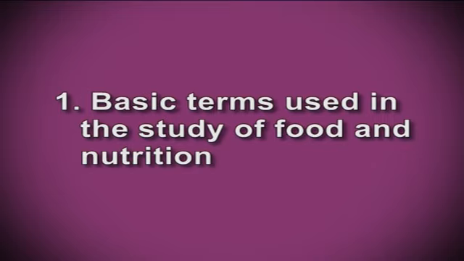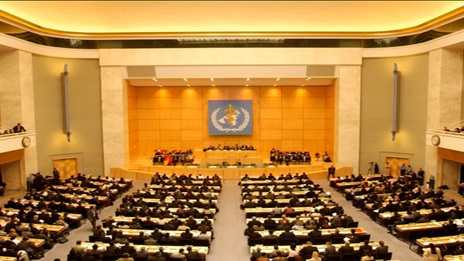So the first word is health. Health is defined by the World Health Organization as the state of complete physical, social and mental well-being, and not merely the absence of any disease and infirmity.